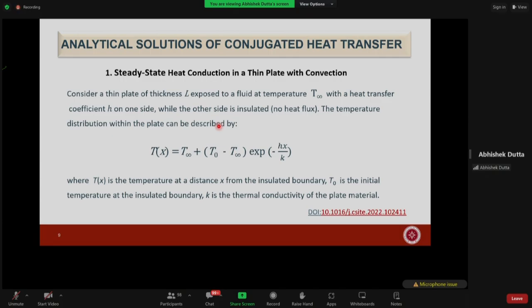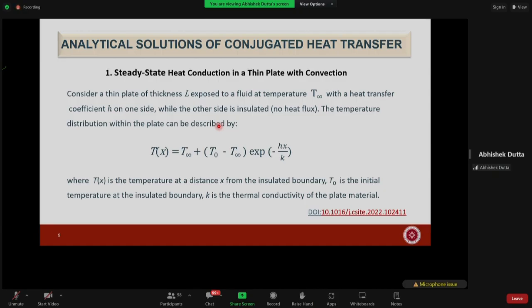These are some available analytical solutions, and I have been telling you that no numerical study is complete without an analytical or at least pseudo-analytical solution.